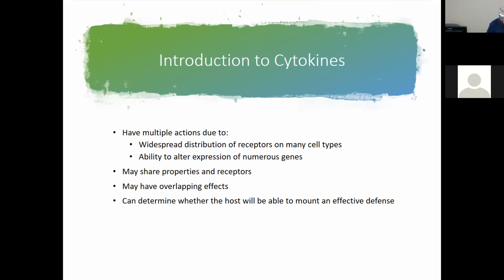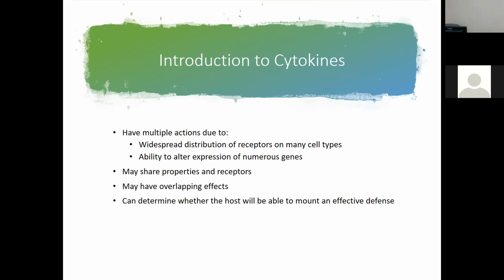If I affect white blood cells, I'm a leukokine. If I affect macrophages, I'm a macrokine. We call them cytokines. So they have multiple actions, widespread distribution, because there's receptors on many cells for the cytokines. So we have receptors all over our body for cytokines.